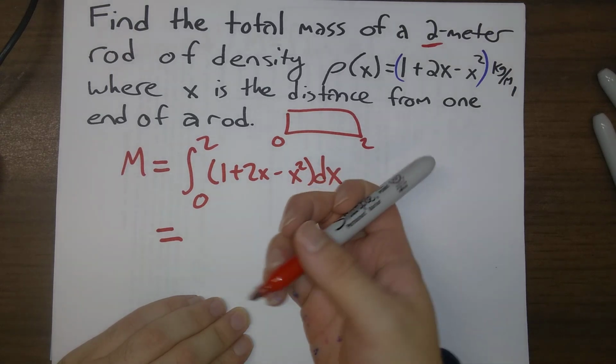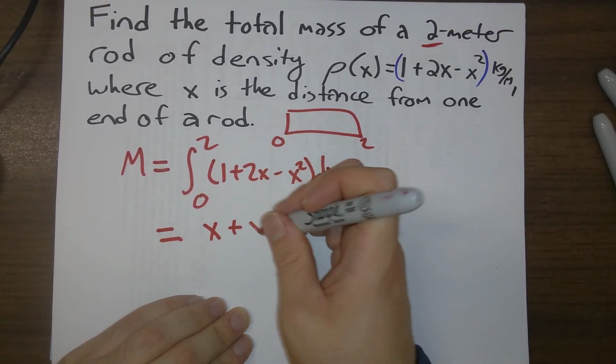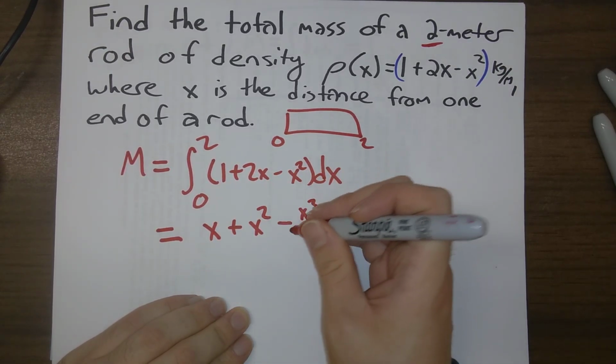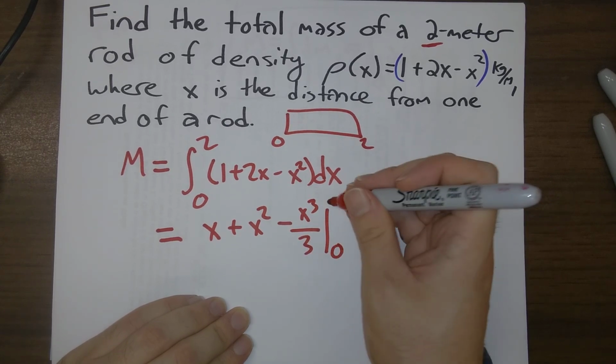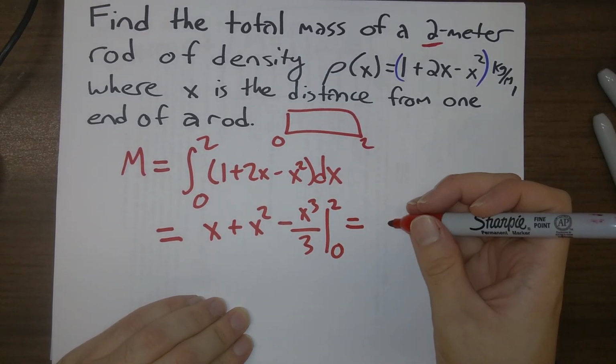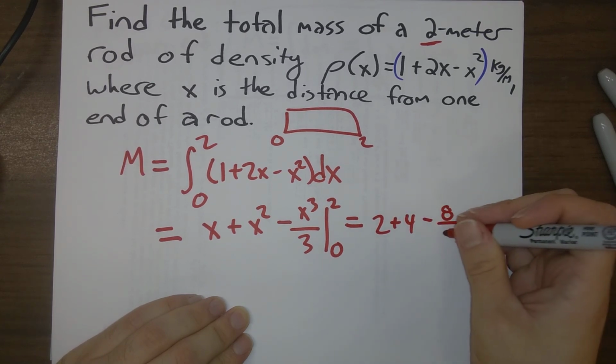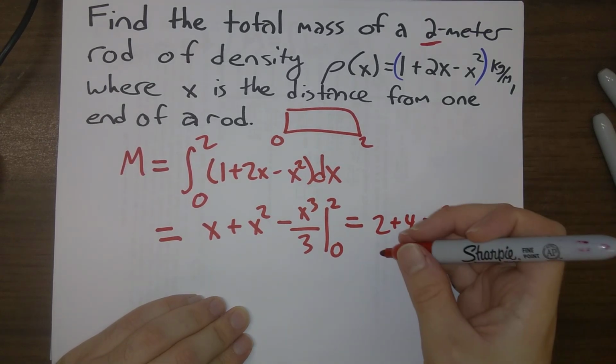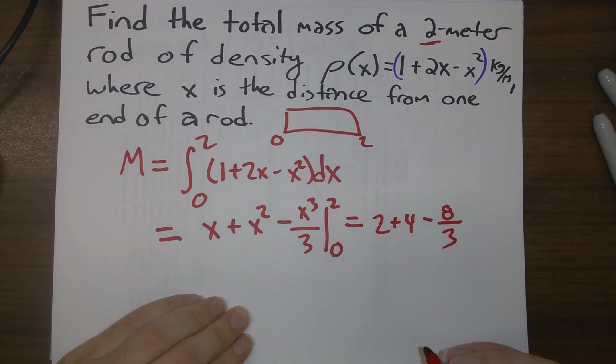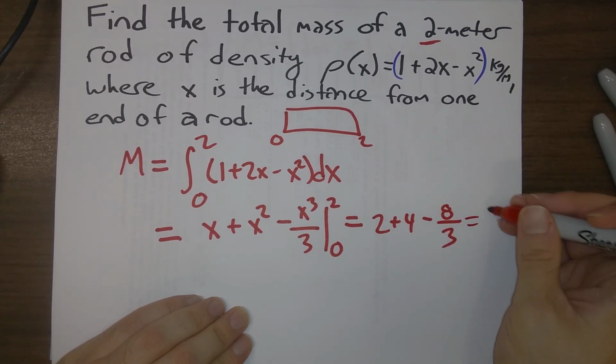When we find the antiderivative of this, we get x plus x squared minus x cubed over 3. Plug in 0 and 2, and that ends up as 2 plus 4 minus 8/3, which is 6 minus 8/3, which is 10/3.